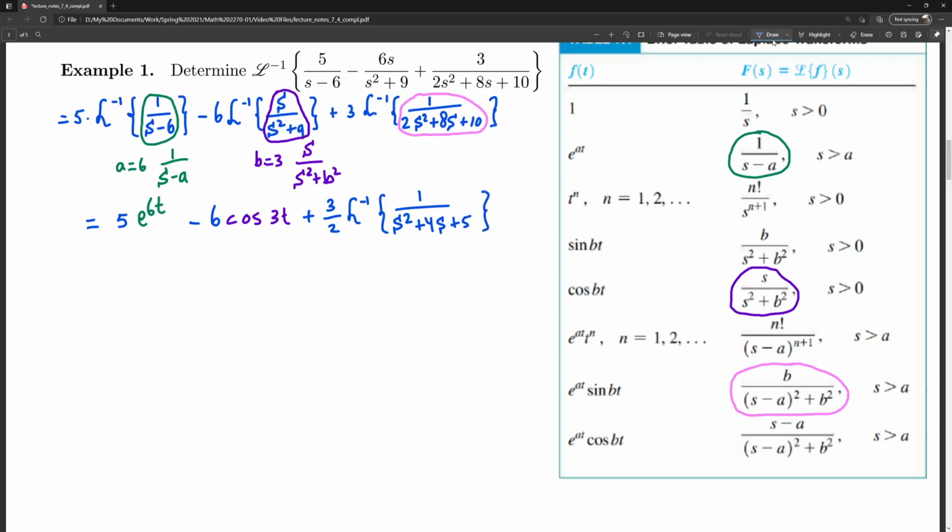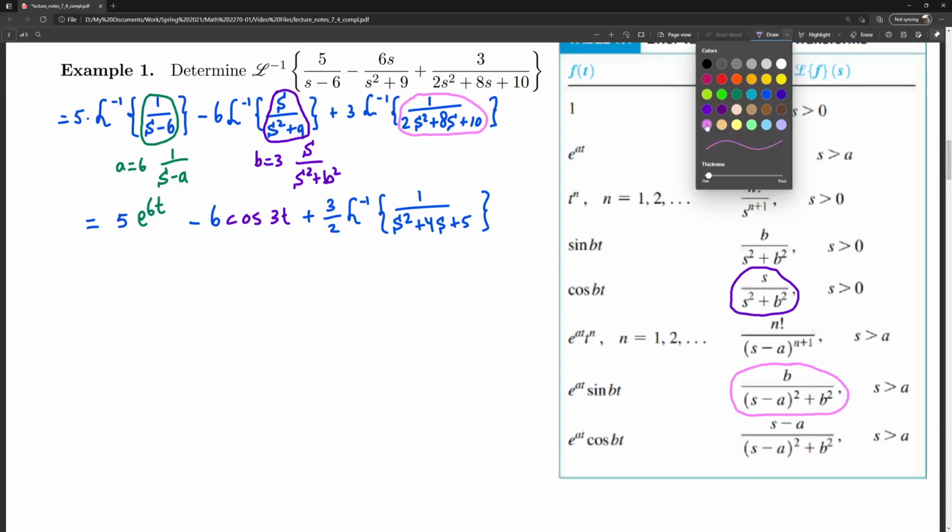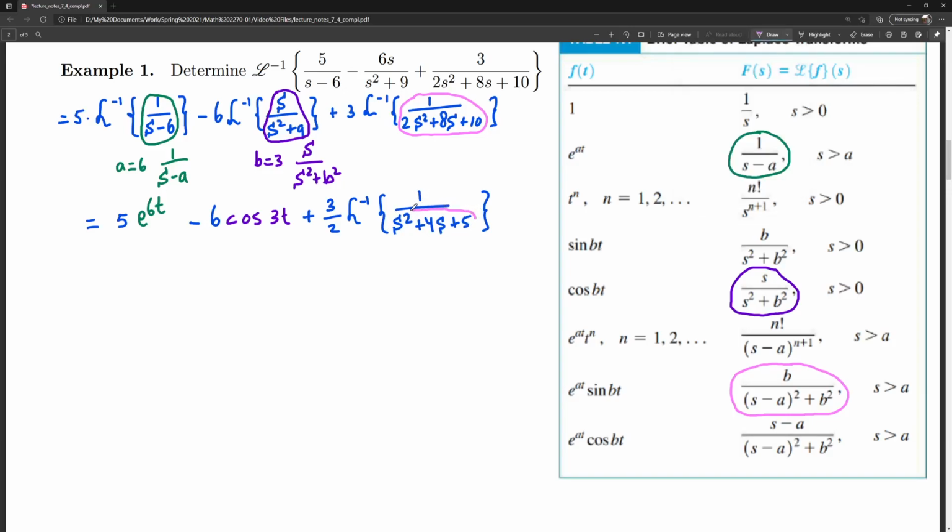And now I'm going to complete the square. So I'm going to take this expression here, and I'm going to complete the square. So in order to complete the square, I'm going to take half of this.